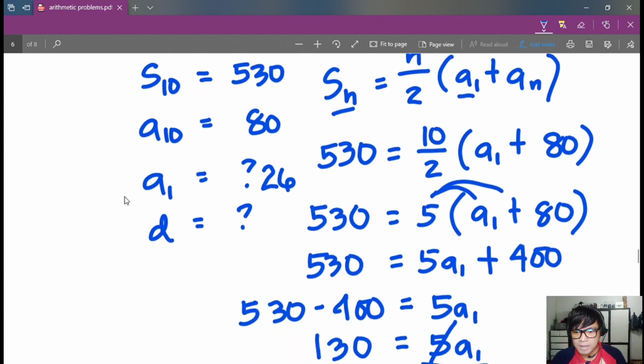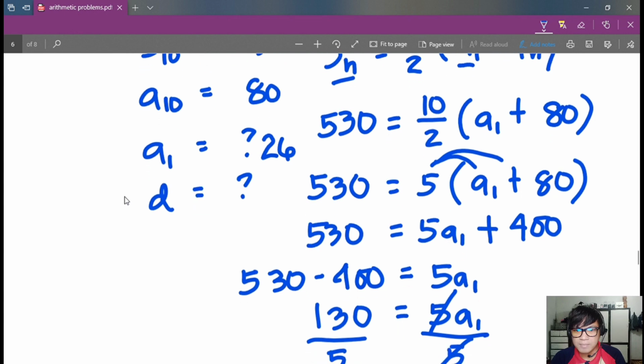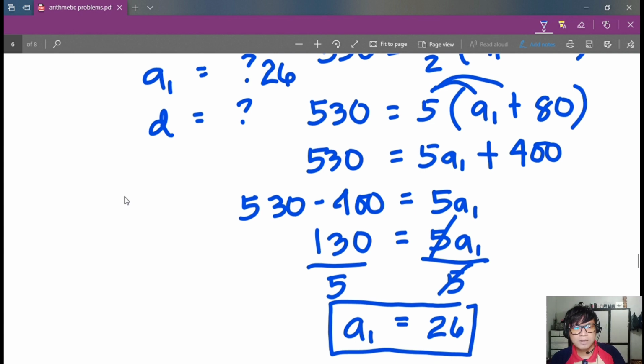Paano ba? Anong gagawin natin? So, meron na tayong first term, meron tayong last term. So, pwede natin gamitin yung formula ng arithmetic sequence. So, meron tayong a sub n is equal to a sub 1 plus n minus 1 times d. So, ito yung hinahanap natin.